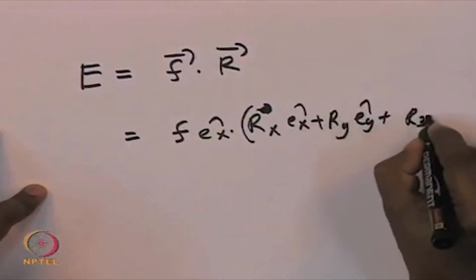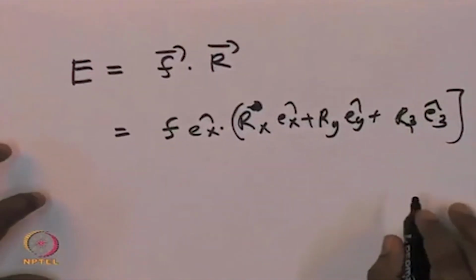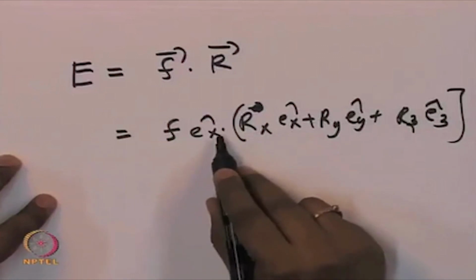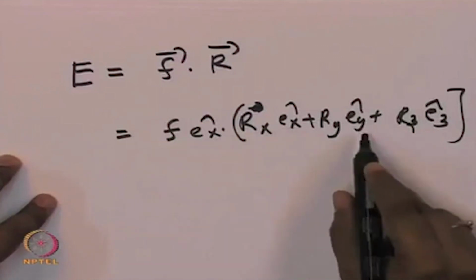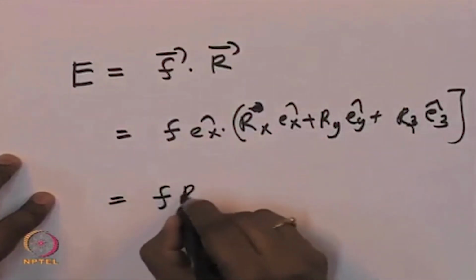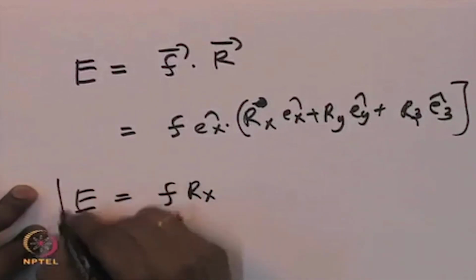In 3D, you can think of it as a vector having 3 components. So, F e_x dot r. As we said in vectors, e_x dot e_x is 1, e_x dot e_y is 0, e_x dot e_z is 0. So, the answer is F r_x. So, this is the work done for pulling.